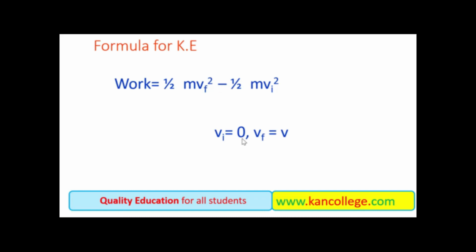Initially the velocity is 0, and after applying force the body gets a velocity v. Putting the values of velocities in the above equation, we get total work, which is equal to kinetic energy, half mv square. It means when work is done on any body, the work will produce a kinetic energy which will be equal to half mv square. So kinetic energy is equal to half mv square.